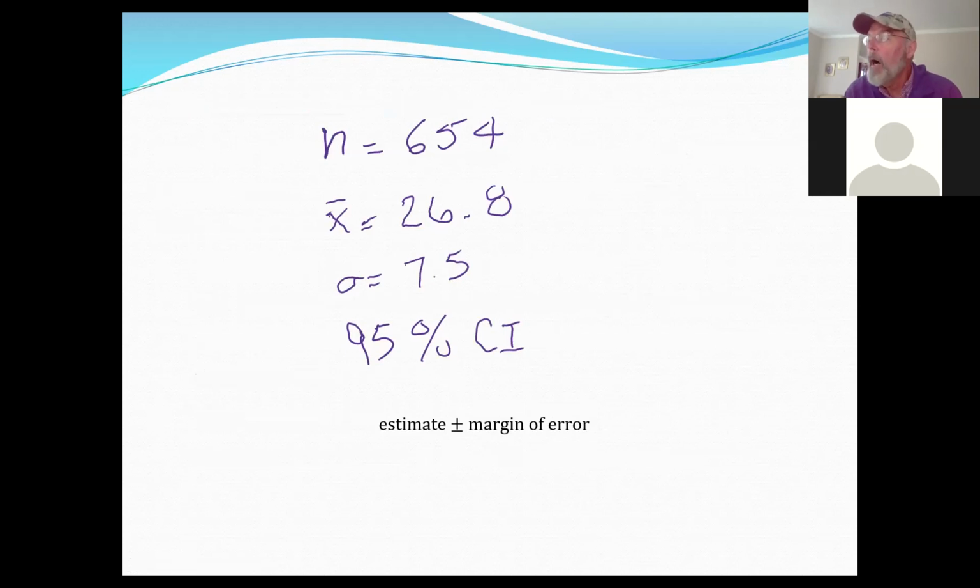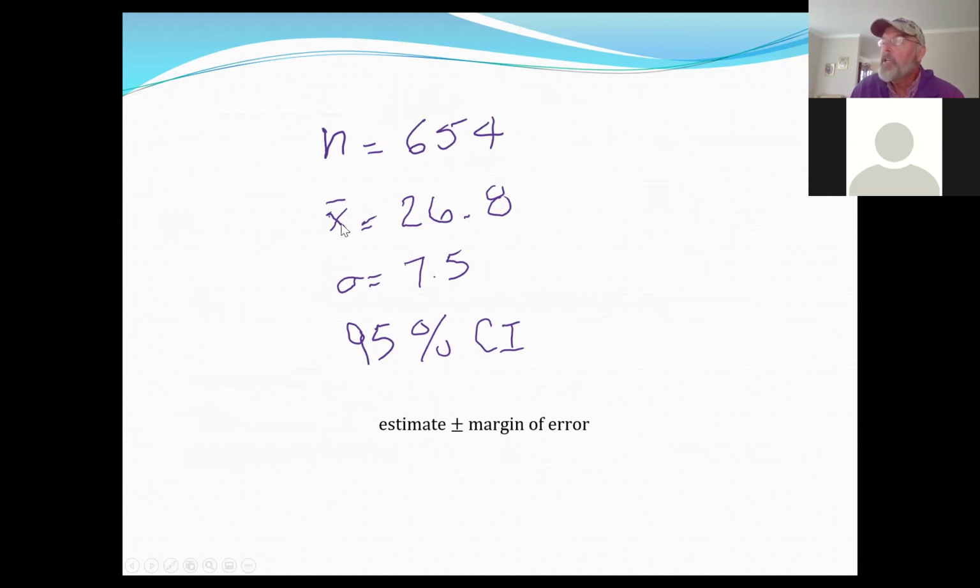So here are my scribblies. Sorry for this, but n is equal to 654. The sample statistic for this is 26.8. The standard deviation of the population is 7.5, and we want a 95% confidence interval. So let me just use this term right here, estimate plus or minus the margin of error.